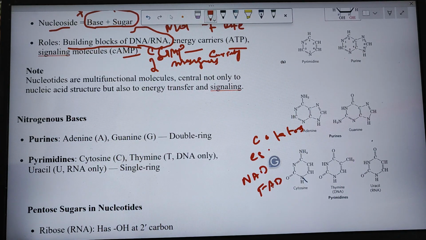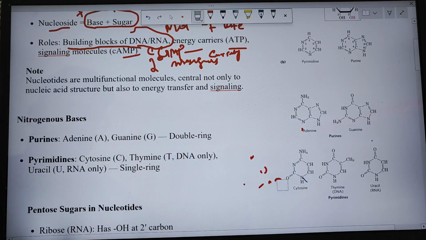Now we will understand the composition of these nucleotides in detail. The first principal component of nucleotides is the nitrogenous bases.